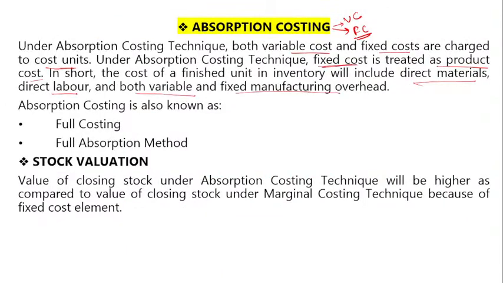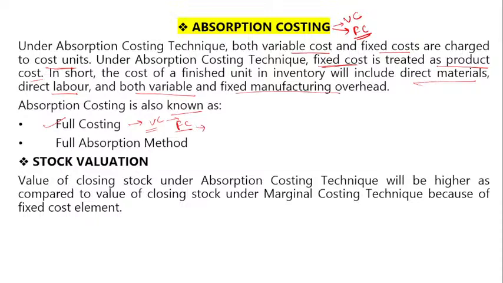The absorption costing is also known as full costing because we include both the variable costing and the company's fixed costing. Variable cost is the direct material the company needs to produce a product, the labor involved in the factory, and variable expenses that directly affect manufacturing.